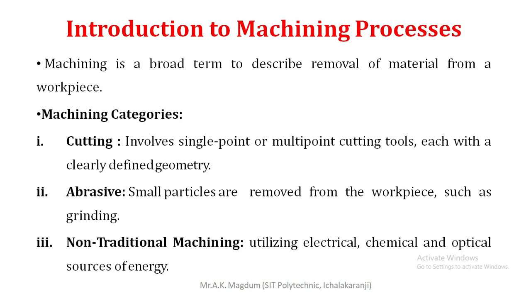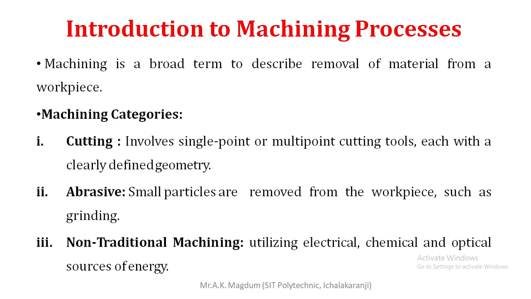So these two cutting tools remove or cut the material from the workpiece surface and give the shape and size of that component. This helps to easily and clearly define the geometry of the components. So that is the first category, cutting.